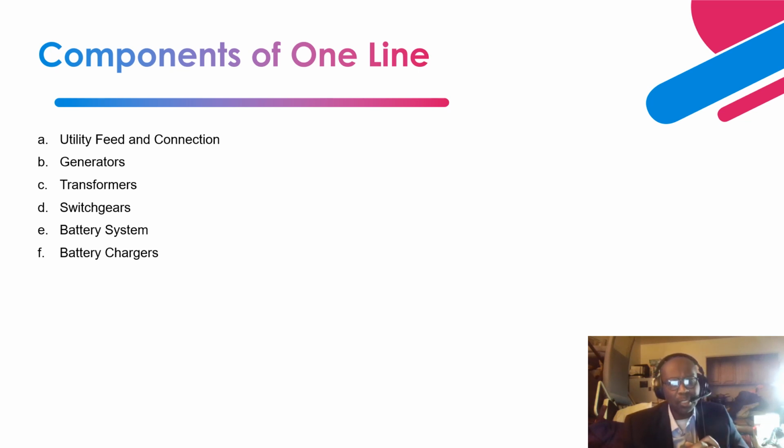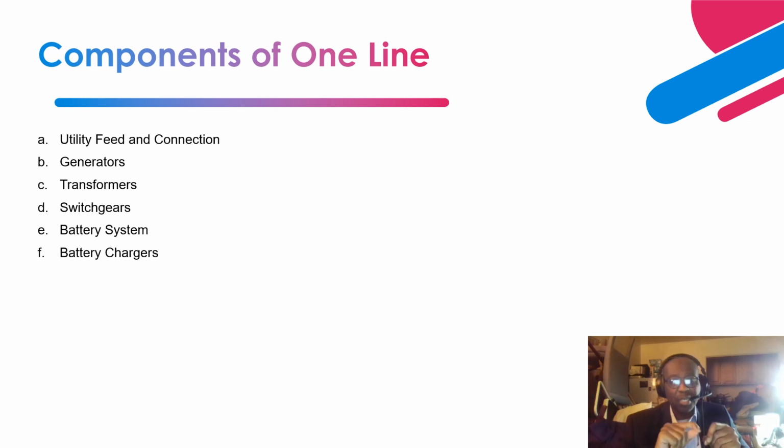And as a development engineer, as an experienced engineer, as a young engineer that is about to start your career, this is one of the most important pieces for you to understand if you are working in the area of power systems engineering.